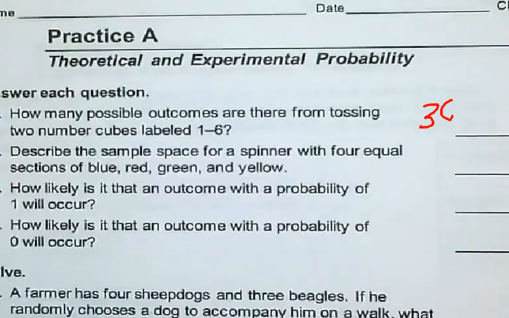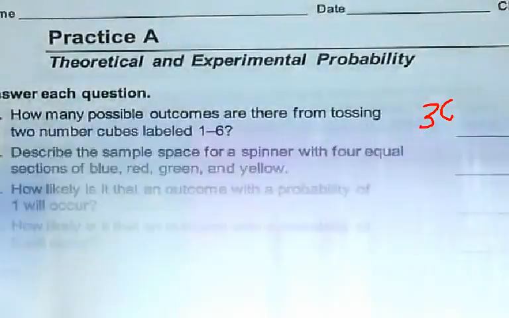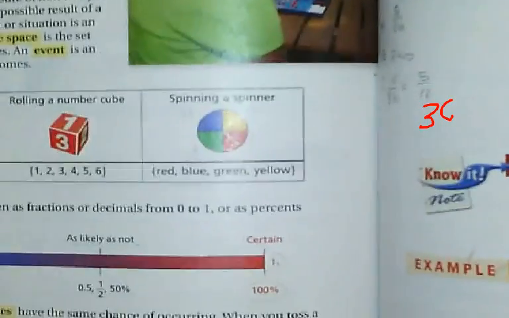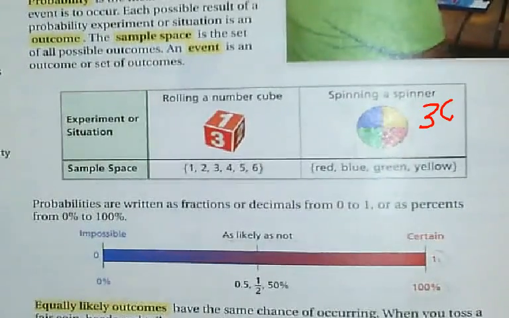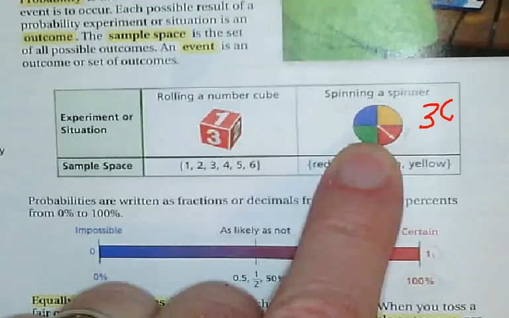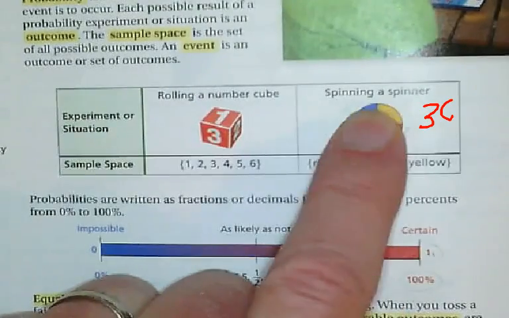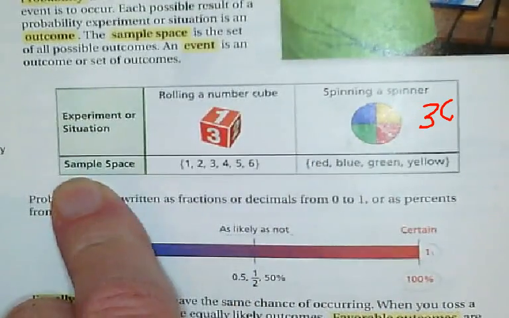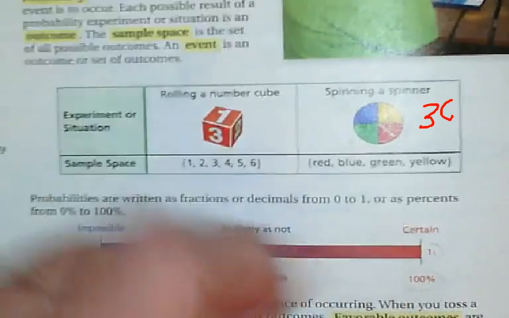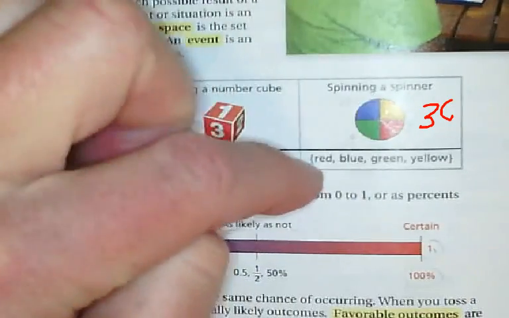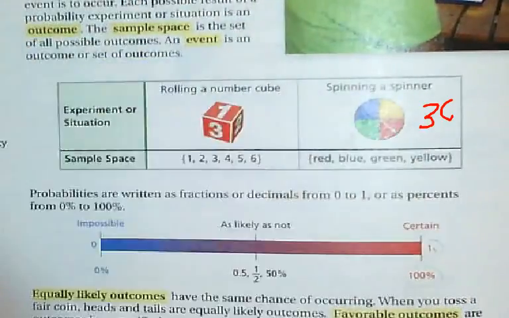Okay, what's the sample space for a spinner that has 4 colors? Well, look here. The spinner is right there. There's 4 different colors. When we say sample space, we're just saying what could possibly happen. When I spin it, it could land on red or blue or green or yellow.